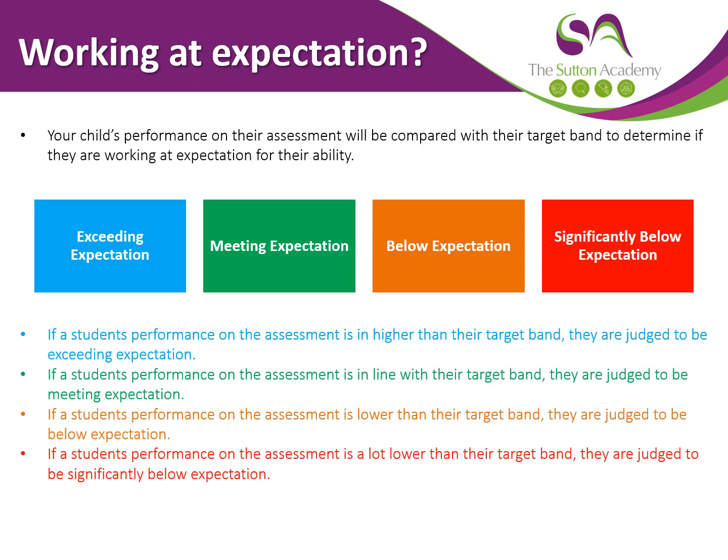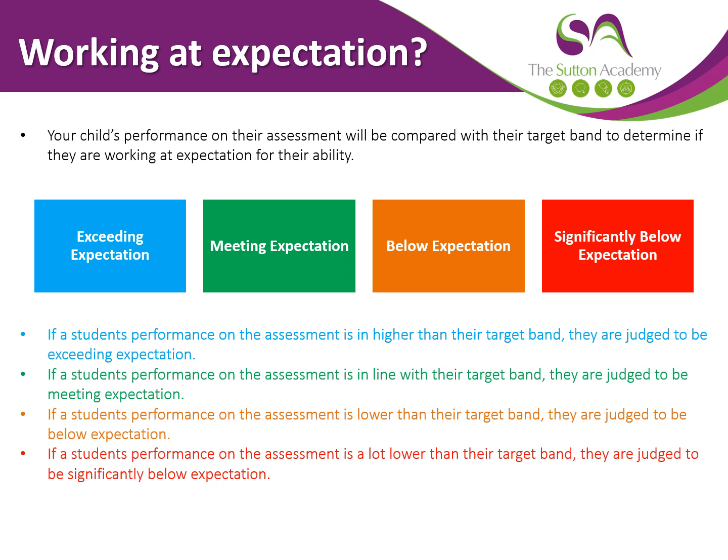Once your child has sat their assessment and their percentage score has been calculated, their performance will be compared to their target band to determine whether your child is working at expectation for their ability. This will then lead to a judgment that is reported home on Track and Report, which will either say in that subject your child is working at expectation, exceeding expectation, below expectation or significantly below expectation.